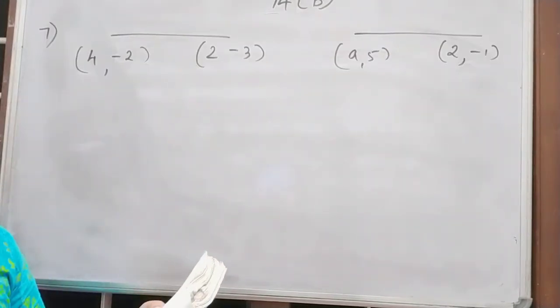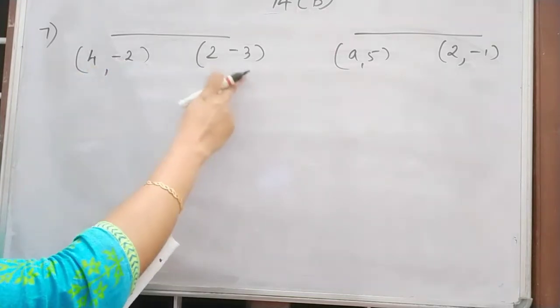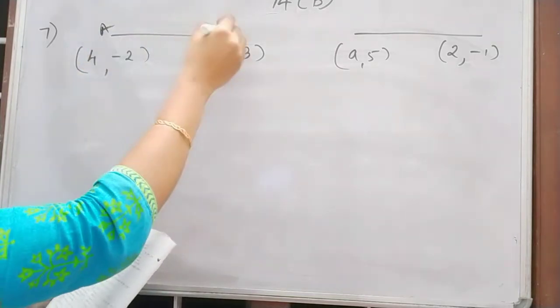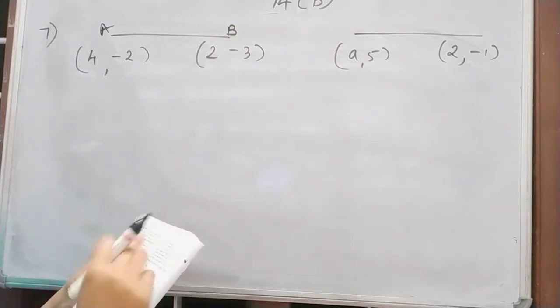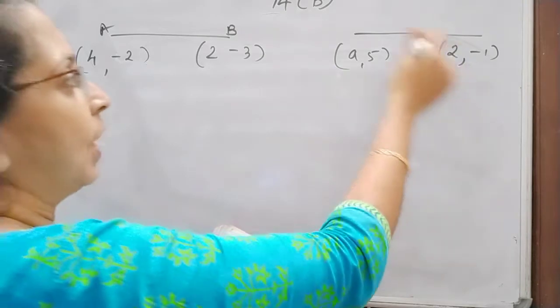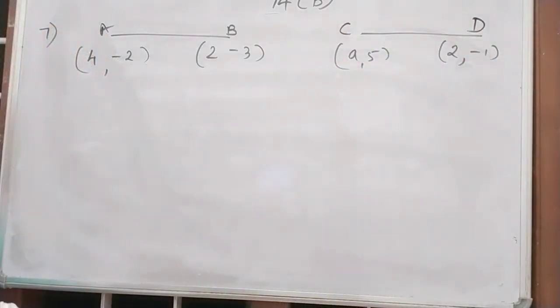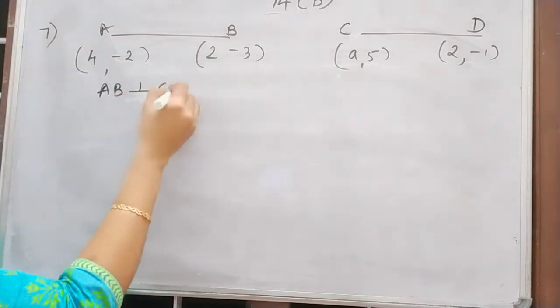Seventh question. The line passing through (-4, 2) and (2, -3) is perpendicular to the line passing through (a, 5) and (2, -1). So these two lines are perpendicular. Given that AB is perpendicular to CD.